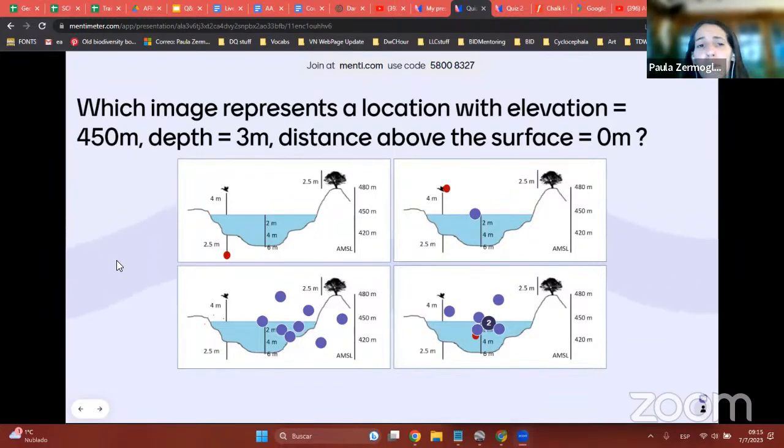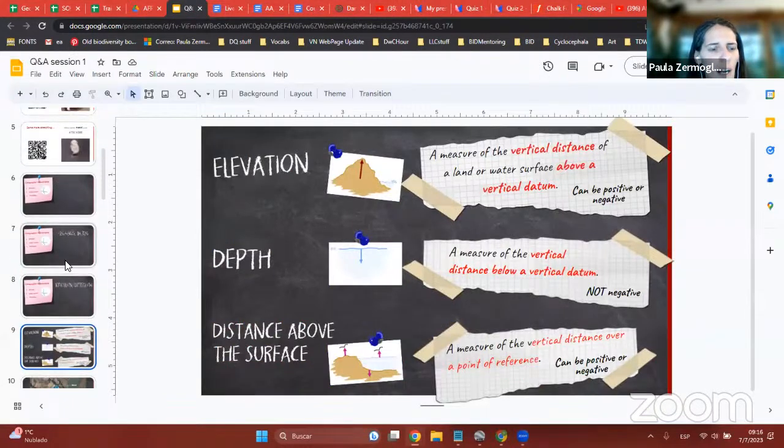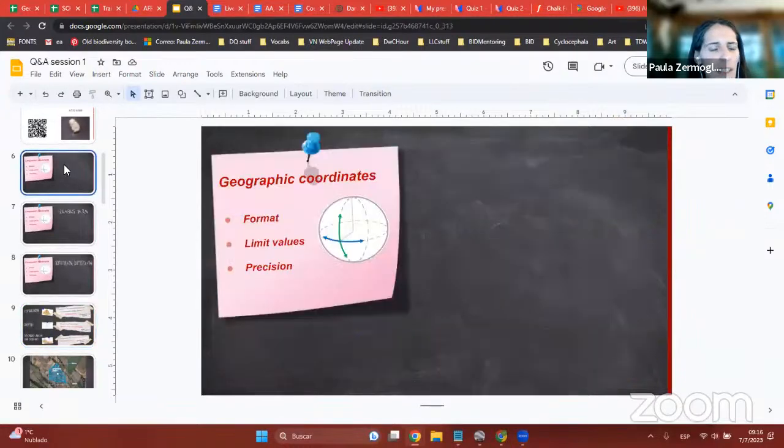Sorry, all that we're reviewing here is the concepts that we have seen during modules 1 and 2, and you can always go back to those sessions to review these concepts. And if there are no more questions about elevation, depth, and distance above the surface, we're going to go back to some things.